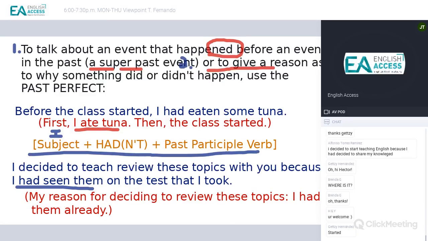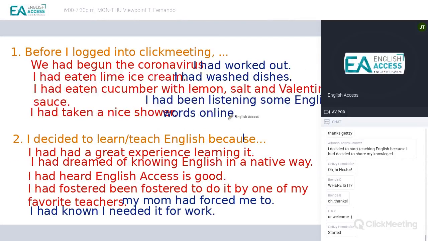I decided. It's a subject plus verb had or hadn't, past participle. Yes, exactly. Okay, so let's do it again. I decided to learn English because I didn't know anything about it.